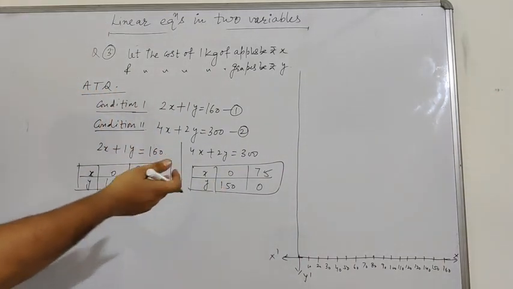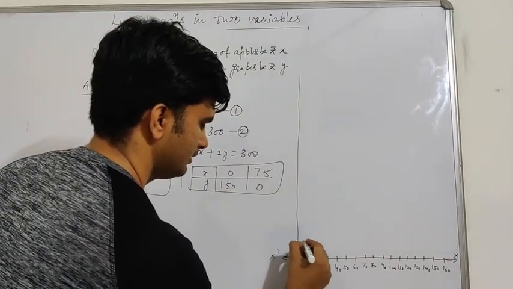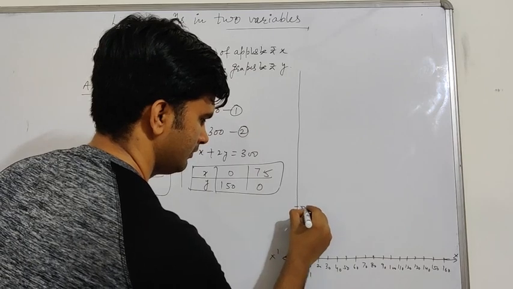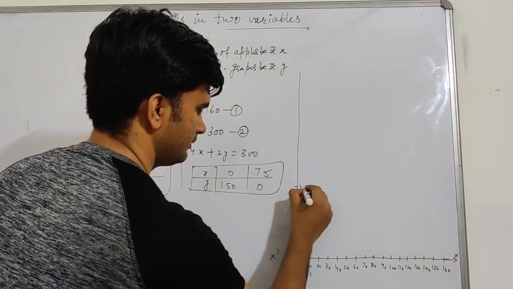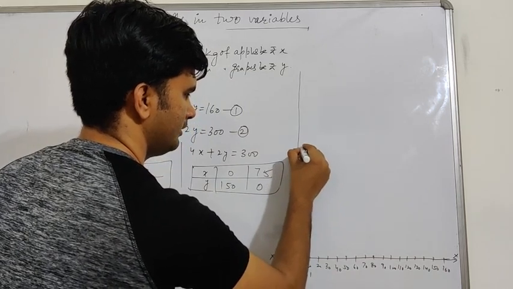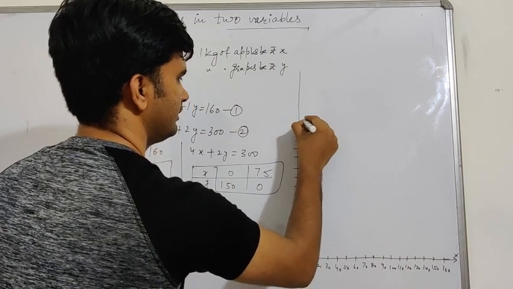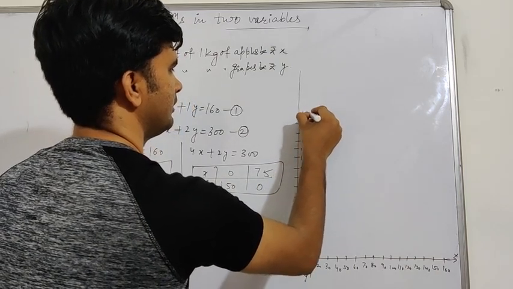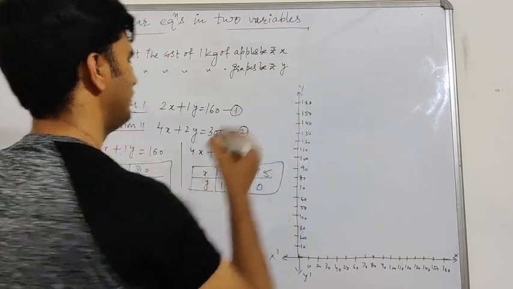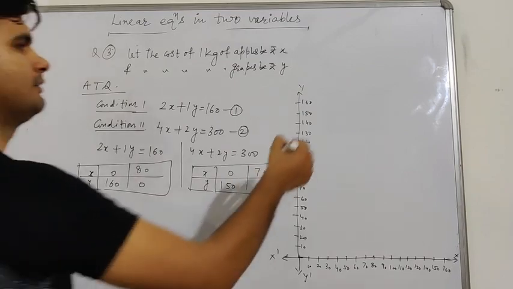No negative terms are there, that's why we are not taking any negative term here on the graph paper. On the y-axis: 10, 20, up to 160.